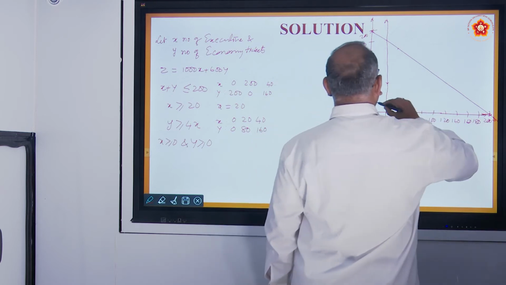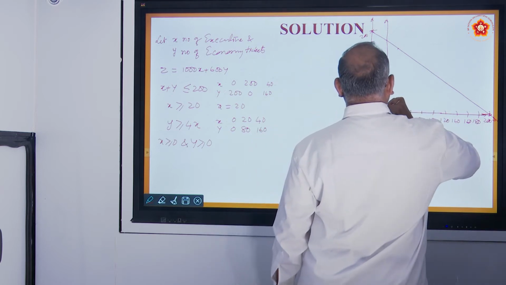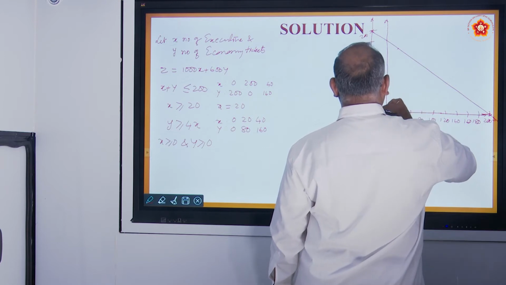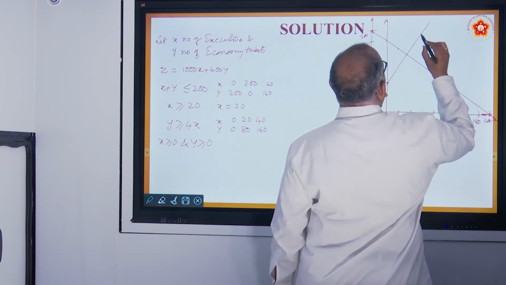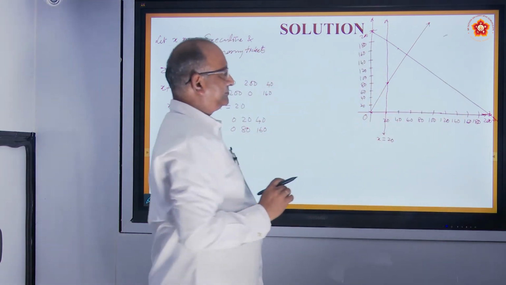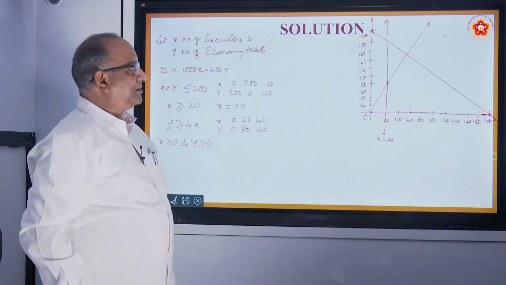Or these 2 points are good enough to draw the line: 0, 0 and 20, 80. This is the second line.